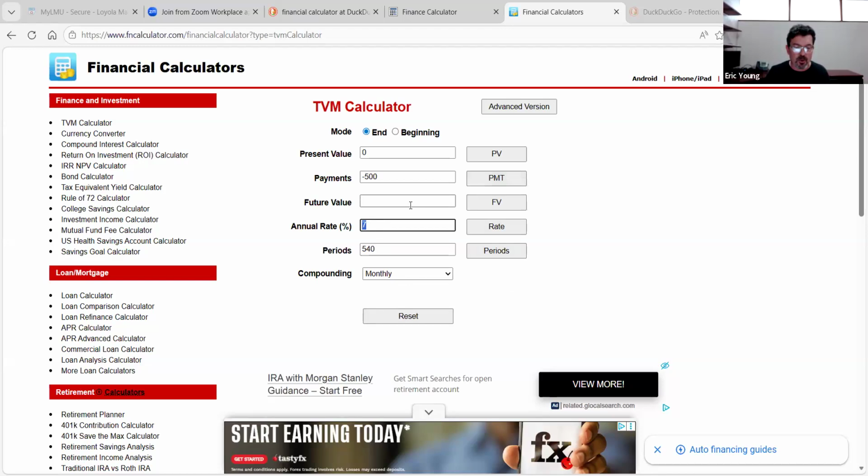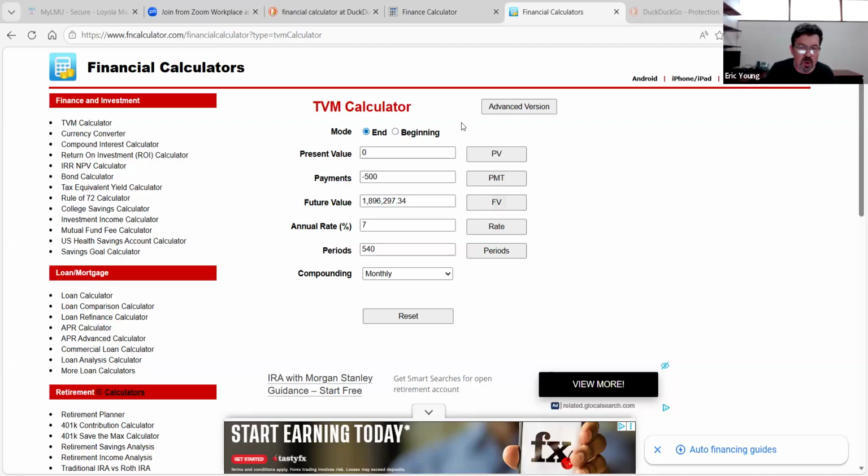You leave the one that you're solving for blank, you click FV, and there you go. 1,896,297. Okay? That's a little bit of a discrepancy. It's probably a bit of a rounding thing. Let's see if it's this. Nope. So it's a little bit of a rounding thing.